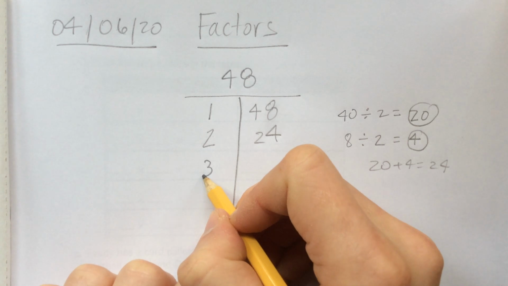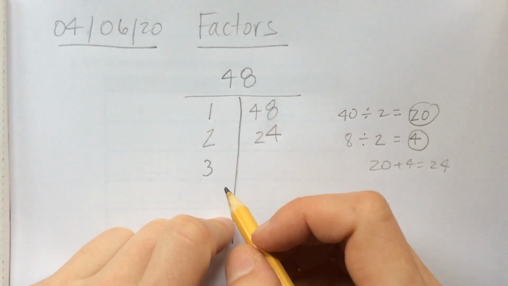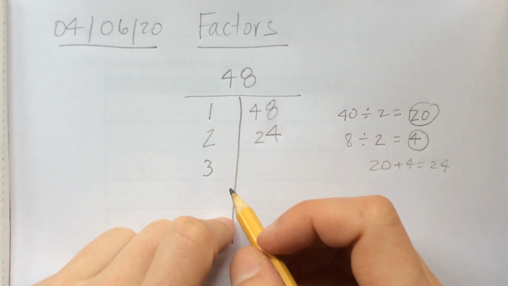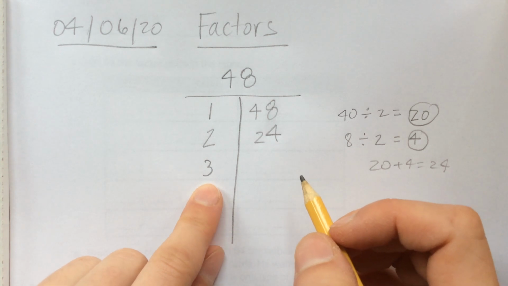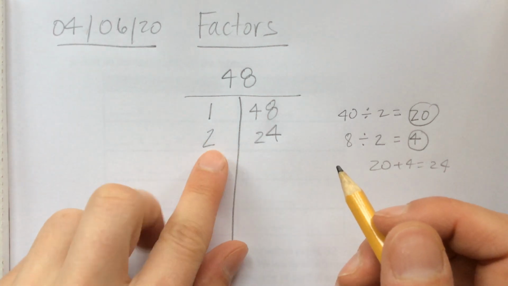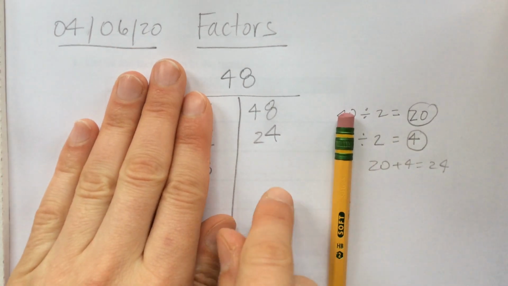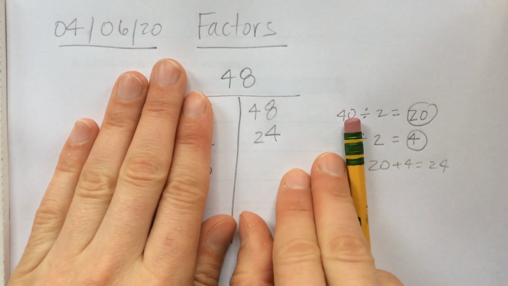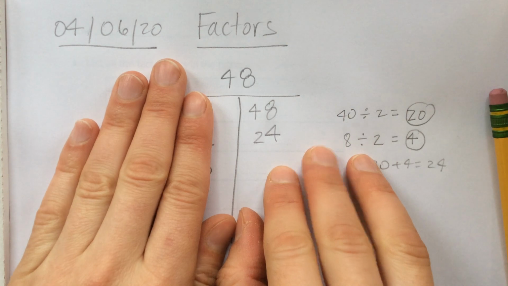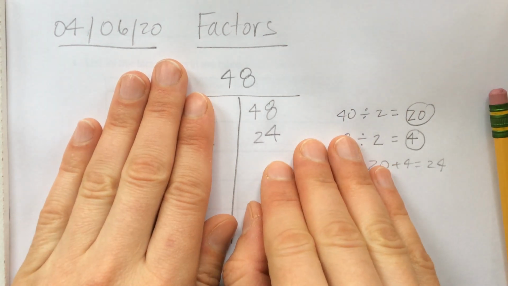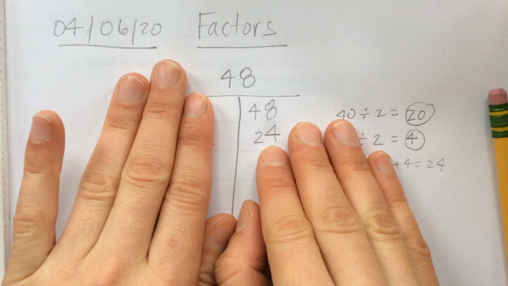Now, let's try 3. If you're in my class or Miss Clavin's class, we would do the 3 song for this one. So let's give it a try. 3, 6, 9, 12, 15, 18, 21, 24, 27, and 30.